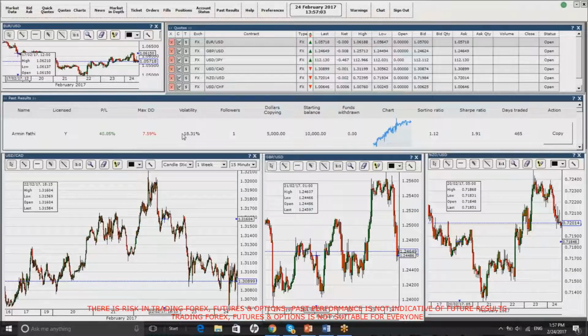And not just that you can see the screen, without having to call the asset manager, without having to justify your decision to close the account or anything like that, you would just offset that trade that you didn't like yourself, and you would stop copying, in this case, my trades as a senior trader.